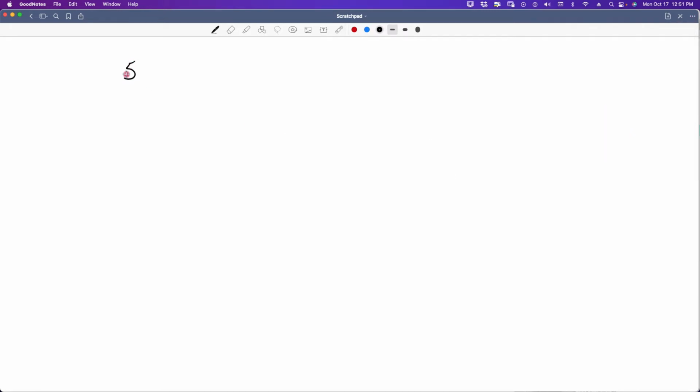Here we have 50.1, and we are going to write 7,024,000 in scientific notation. So we always want to have just a ones place when we do scientific notation.